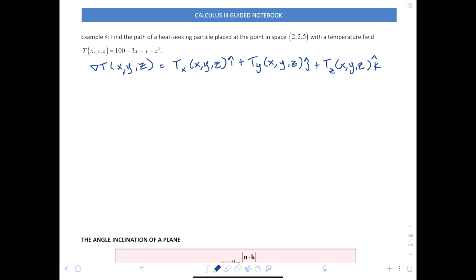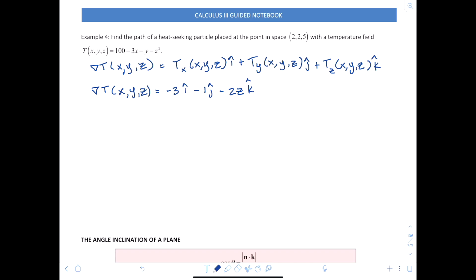Cool so far? All right. So that's going to give us del T at (x, y, z) will be equal to negative 3 i minus 1 times j minus 2z times k. Cool so far?